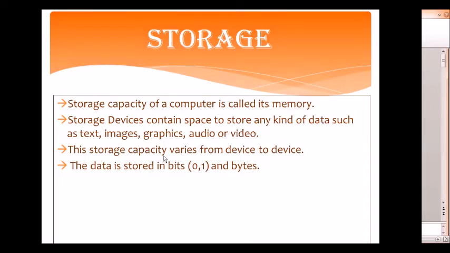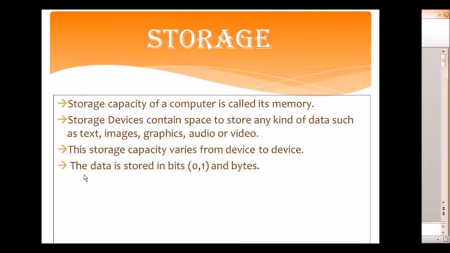And this storage capacity, this storage space, varies from device to device. That means some devices have more space and some devices have less space to store. So we all say 1 GB, 1 gigabyte, and 1 terabyte, like that. So that is storage capacity.